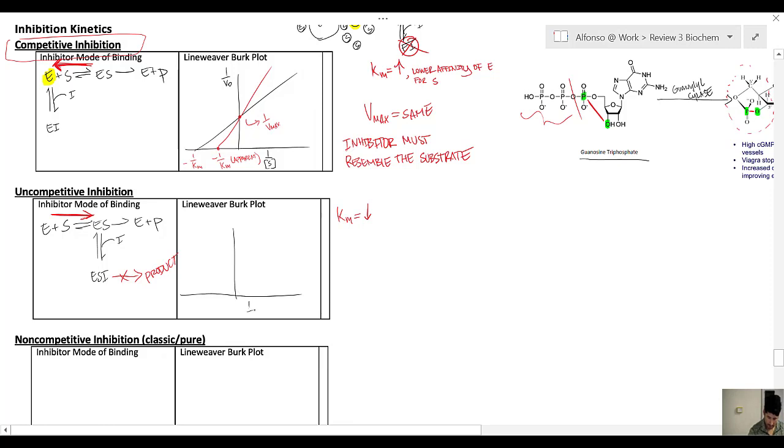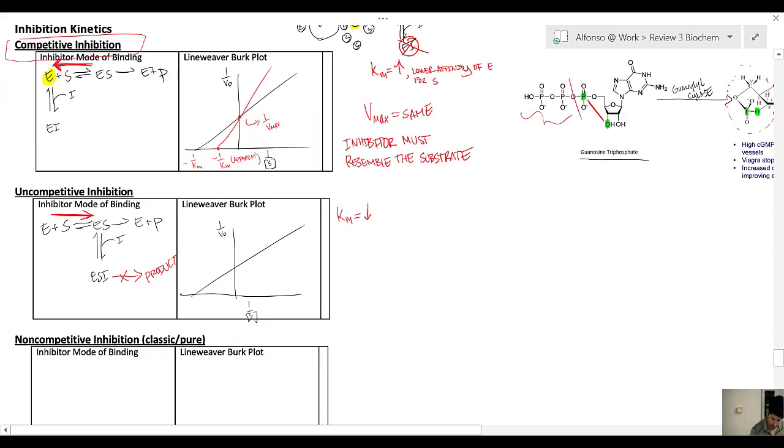And so what the Lineweaver-Burk plot looks like is this. So your x-axis is 1 over substrate concentration, your y-axis is 1 over velocity. This line right here represents the normal reaction without any uncompetitive inhibitor.